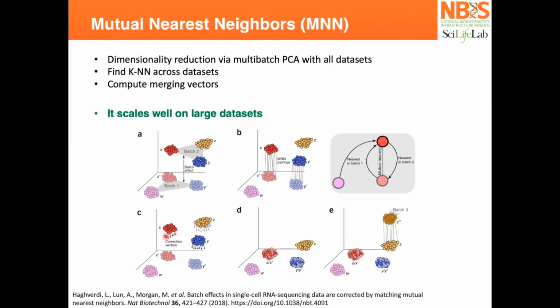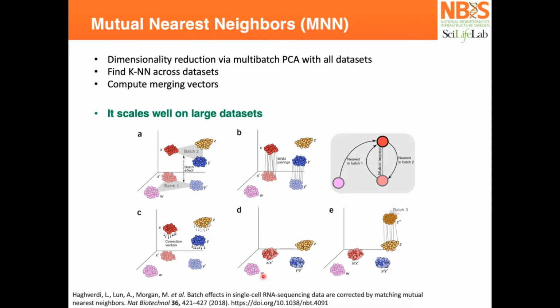For example, with all those vectors here, we can find, oh, we need to reduce the amount in this coordinate so that these two clusters merge with these two. So that is basically what these vectors mean: how much should I change this cell to match the other data set?